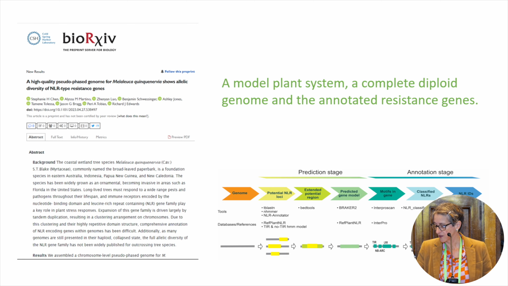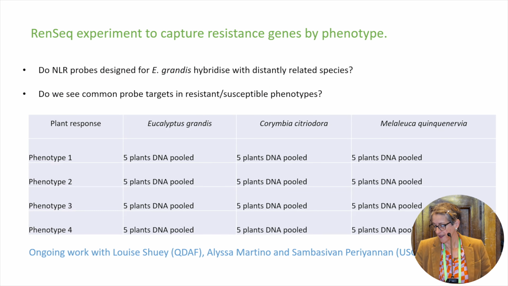I'd just like to mention that Yan, who I mentioned earlier, had a very big role in developing this pipeline to annotate disease resistance genes, and this is now under review. We've got a RenSeq project still happening, which is looking for resistance genes across different plants and in different phenotypes.